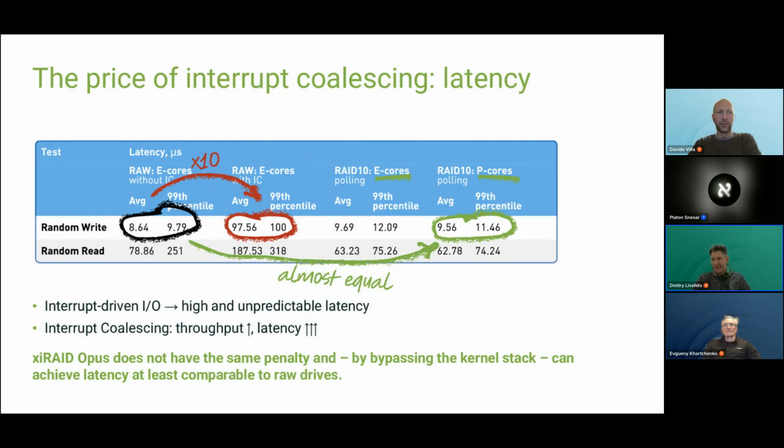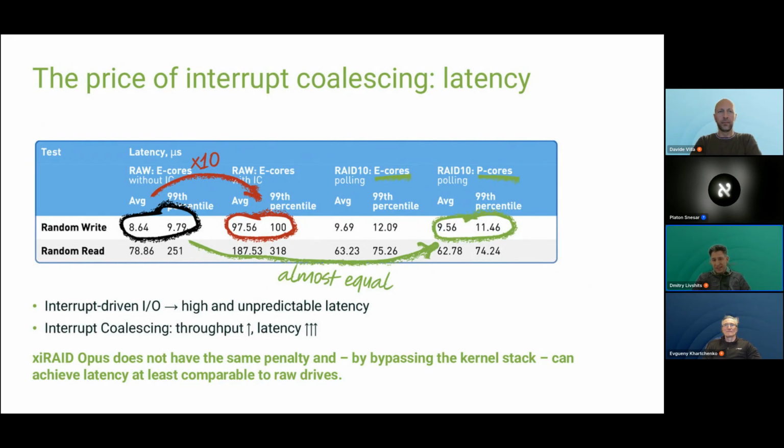Therefore, our implementation of data protection in user space particularly matters to get both write performance and write latency simultaneously. If we compare the latency we can get in RAID 10 with our solution, we see that this latency is absolutely the same order of magnitude as what you see without interrupt coalescing on the Linux kernel.